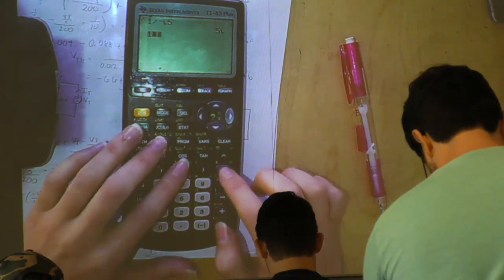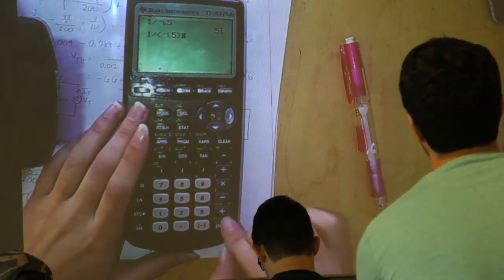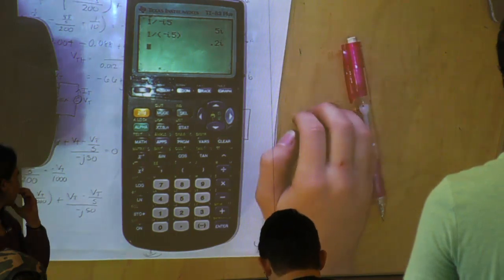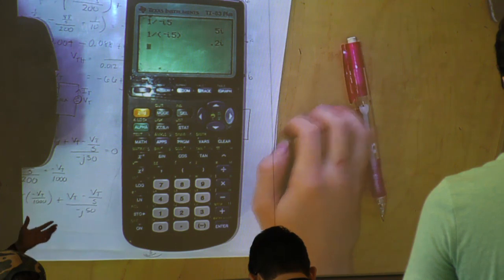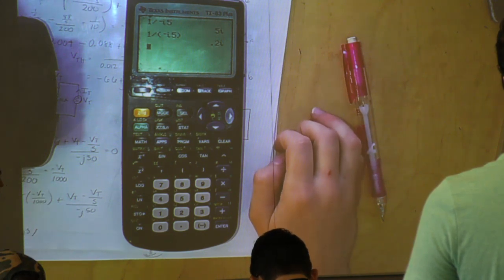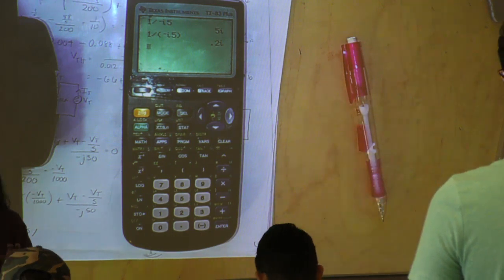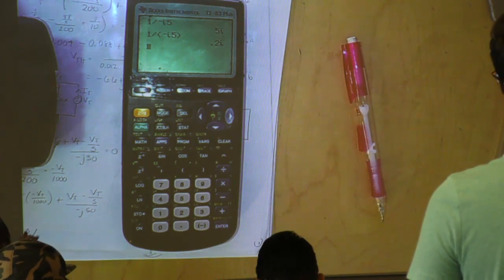But the real answer is negative 0.2I. So just make sure you're using your parentheses because it'll flip it. It'll do them separately. Especially if you're using equations, just spoon feed it everything.